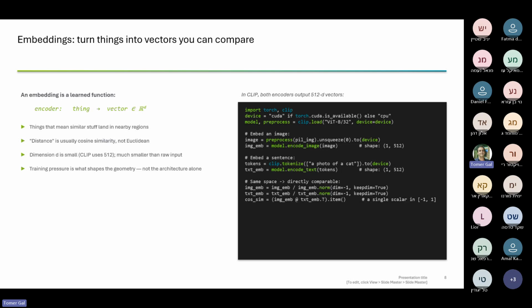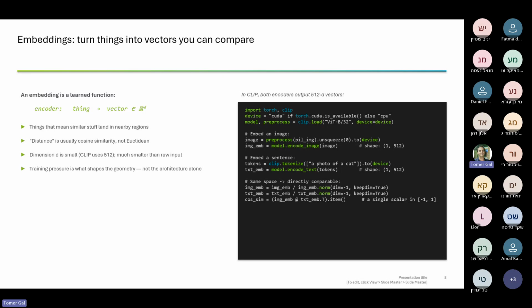If it's an image, it's pixels. If it's text, it's characters or tokens, or audio samples, whichever modality we have. It maps it to a fixed length vector in some dimension that we define. And of course, there is no magic number. It's always a matter of experimentation and running different experiments with different sizes to see the ideal scores that we get.